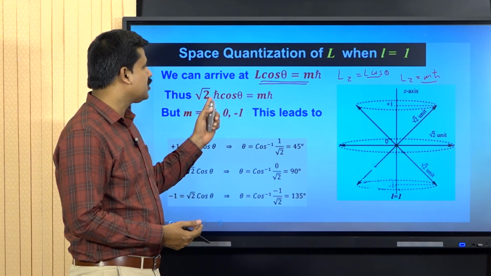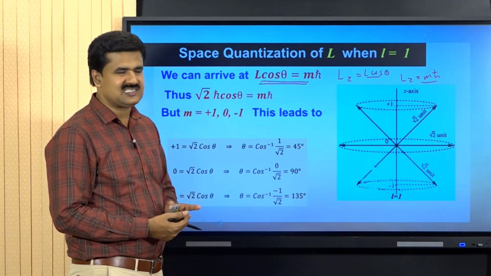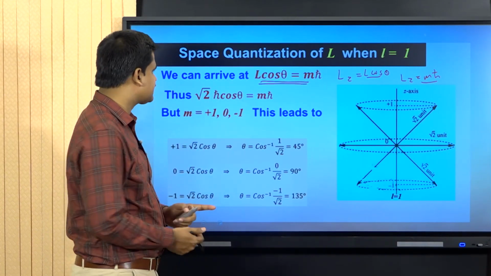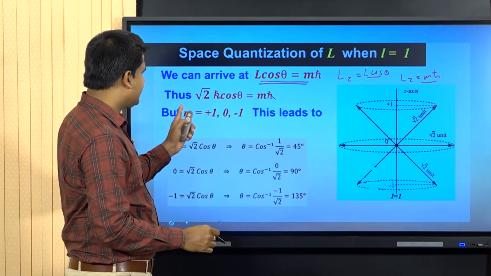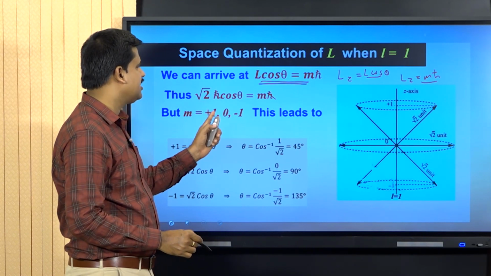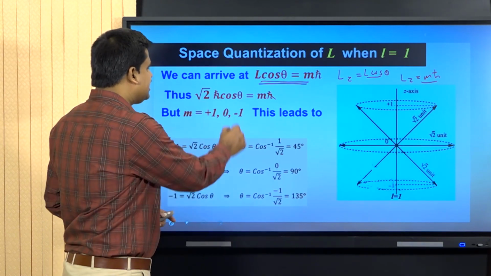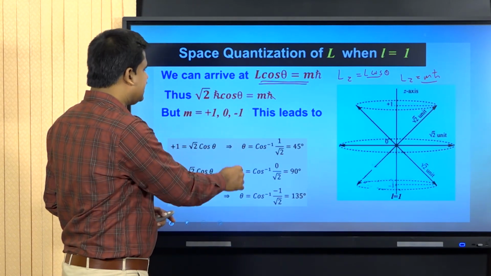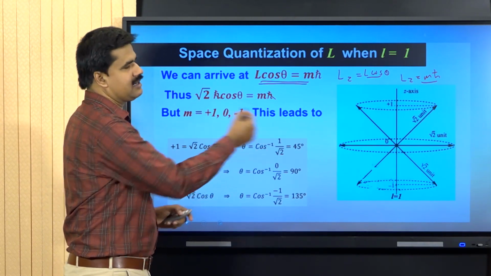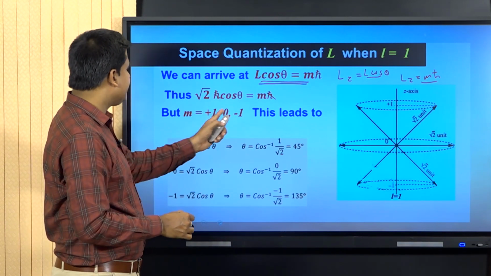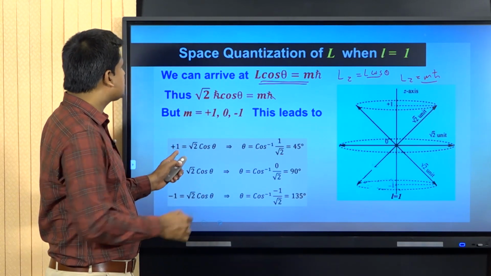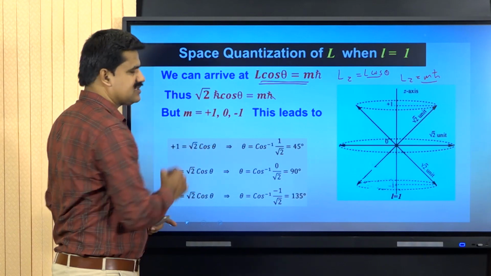Thus, root 2 ħ cos theta equal to m ħ. ħ vanishes and m is equal to plus 1, 0 or minus 1. This leads to three different possible angles based on cos theta. If m is equal to plus 1, then 1 is equal to root 2 cos theta.